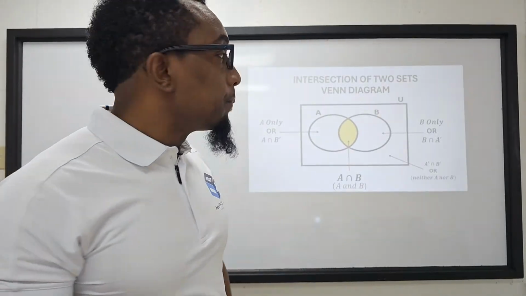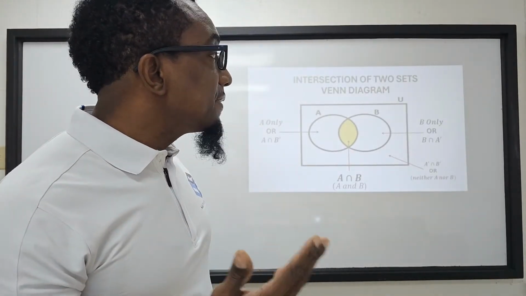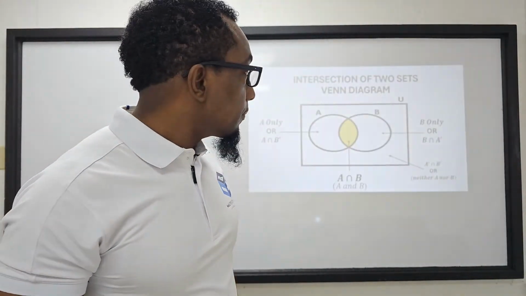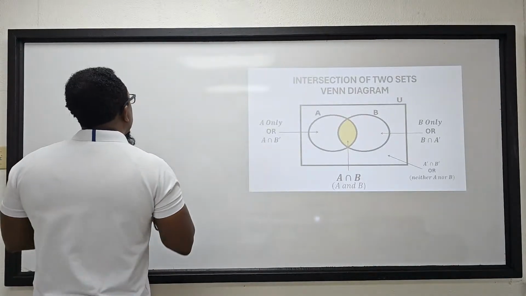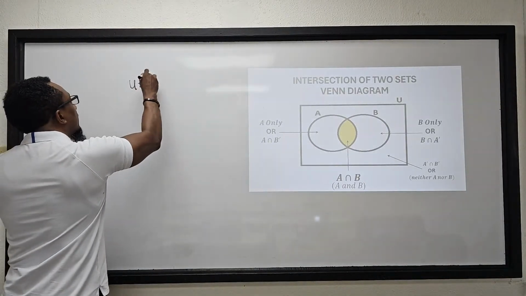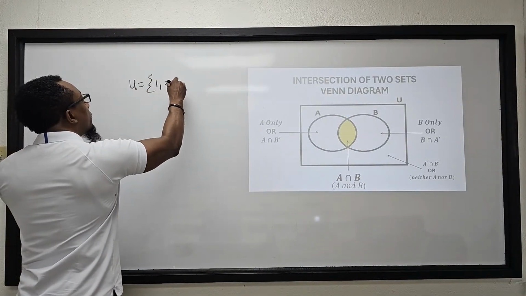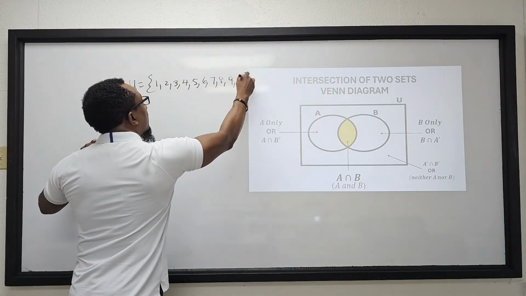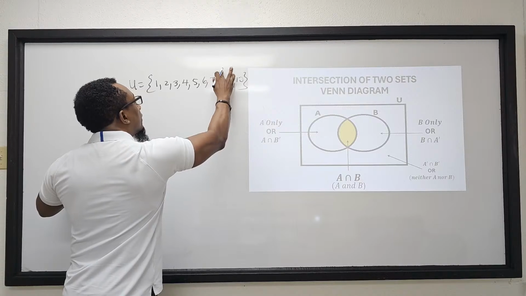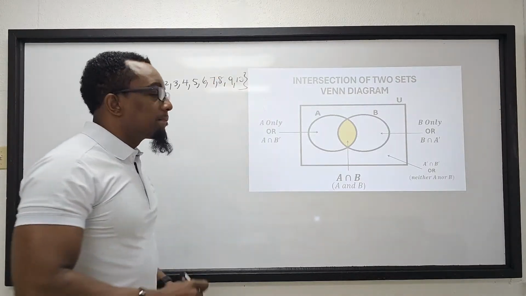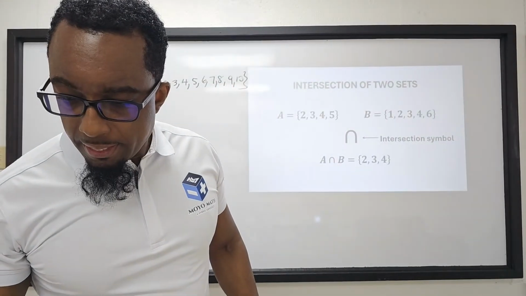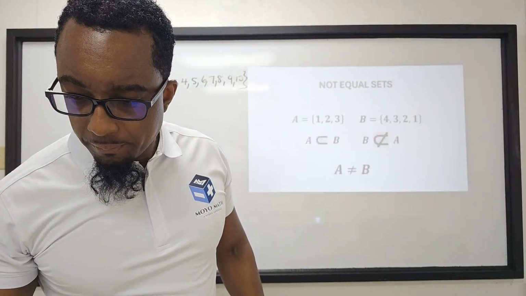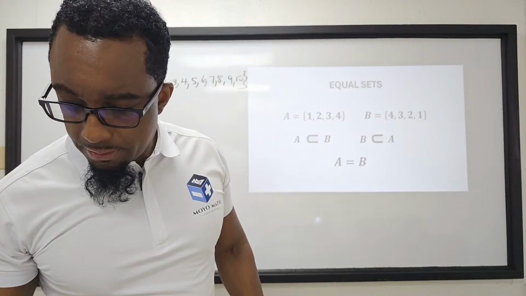So understanding when it comes to a Venn diagram and placing elements, we have to know how to place elements. Alright, so let's take an example. If I have here my universal set, and I have elements 1, 2, 3, 4, 5, 6, 7, 8, 9, 10. And let me go back to sets A and B with intersection.